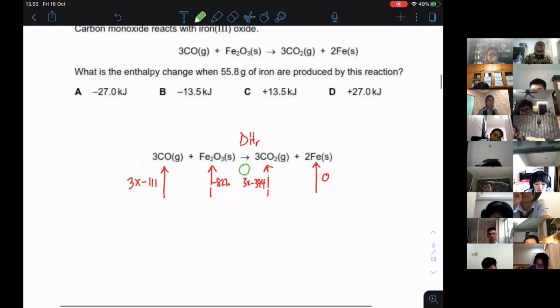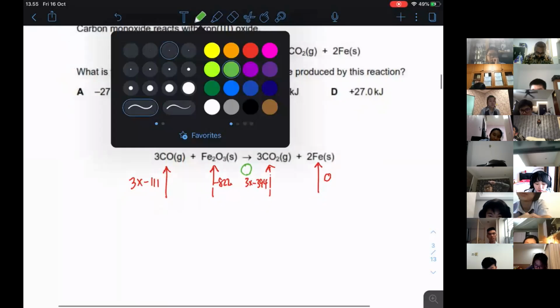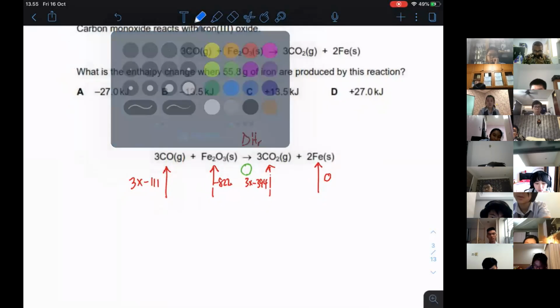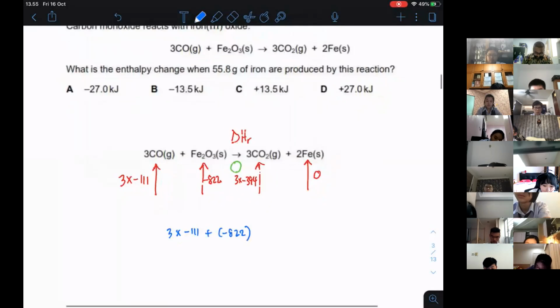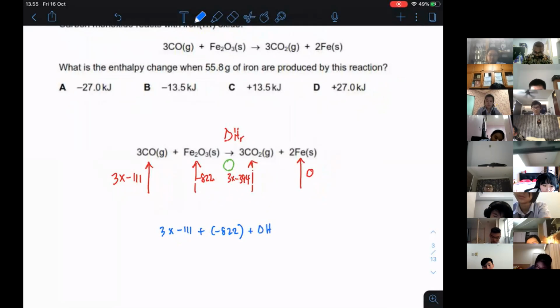So the clockwise is going to be 3 times negative 111, then clockwise plus negative 822. This is also clockwise plus enthalpy change of reaction equals 3 times negative 394 plus 0. So you need to find the enthalpy change of reaction.